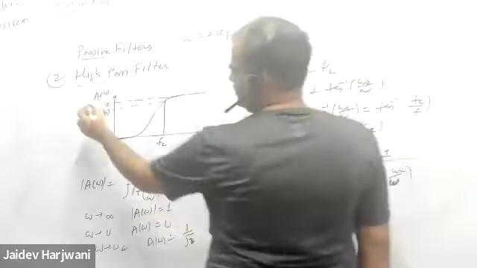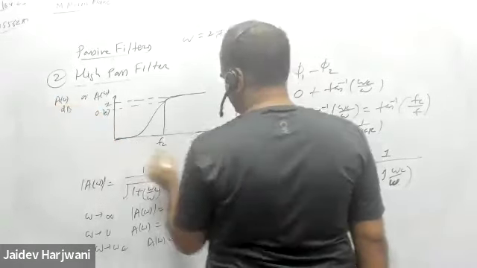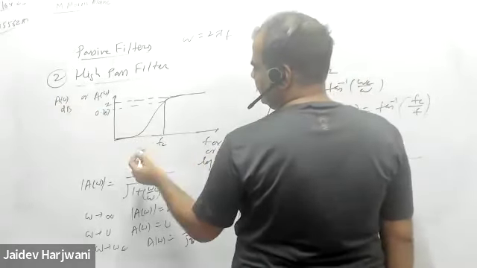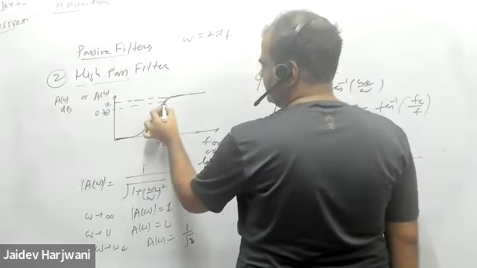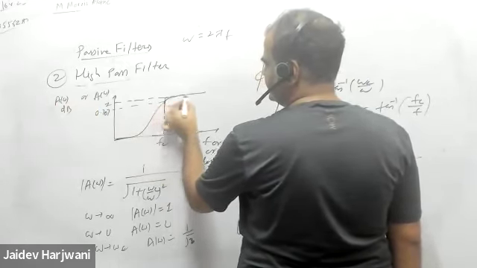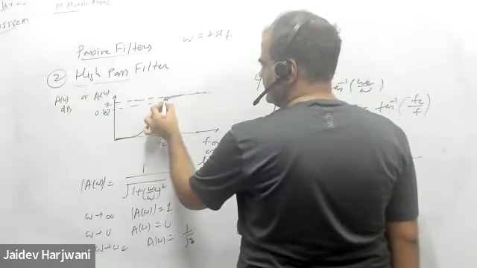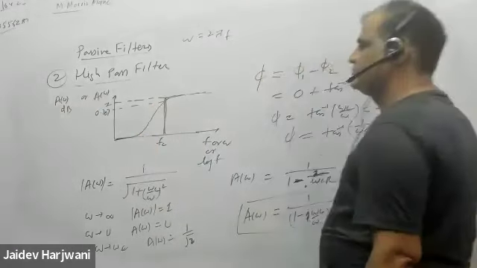And if you draw in dB versus log of f, then what will happen? This curve will come only like this. This will become 0.